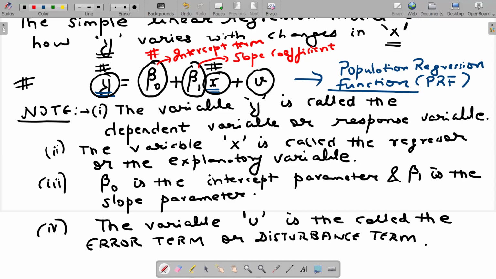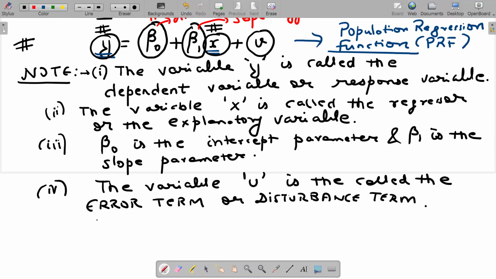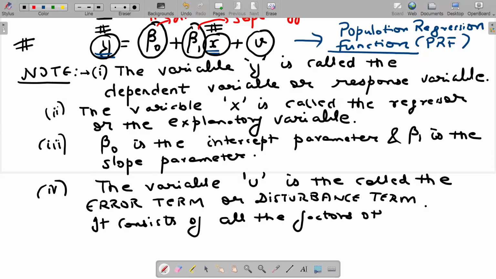Because it is going to collect all those factors other than x which have an impact on y. It consists of all the factors other than x that influence y, or affect y.